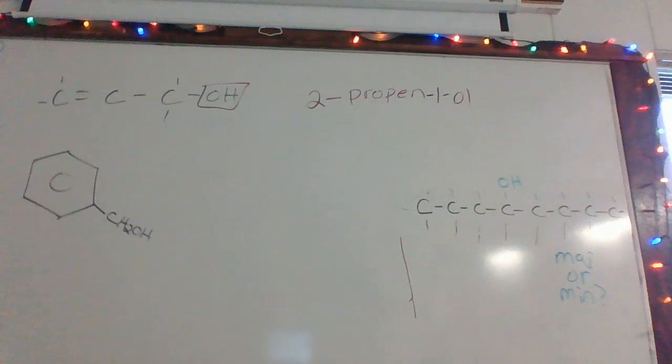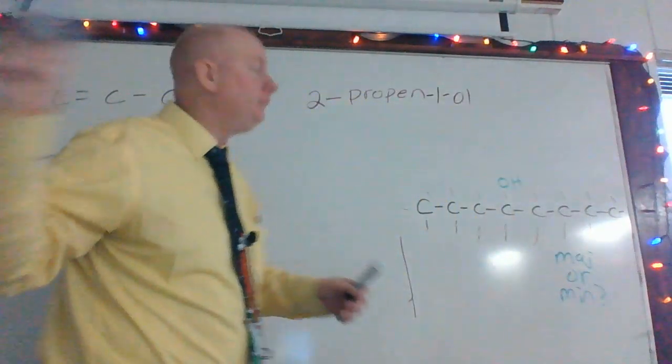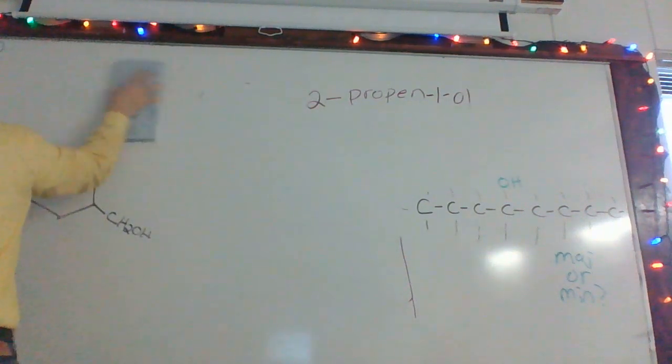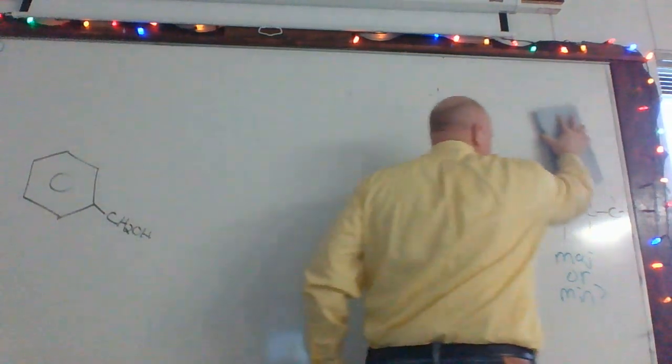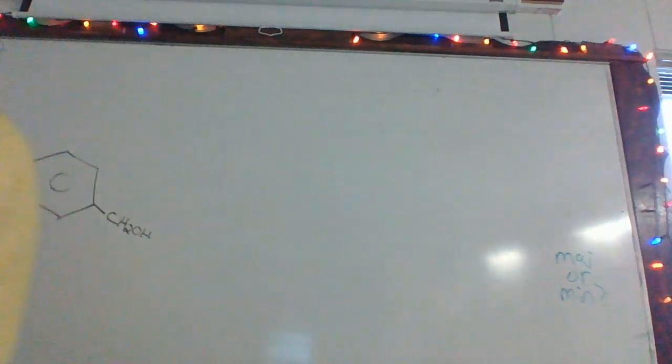Oh, gotcha. So what's one carbon length in an alcohol? What do we call that? Methanol. So this would be methanol. Then what is this? Yep, methanol benzene. Okay. Next. Or is that it?